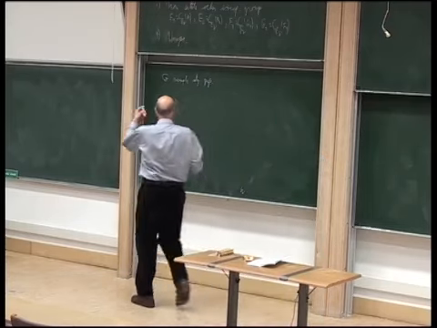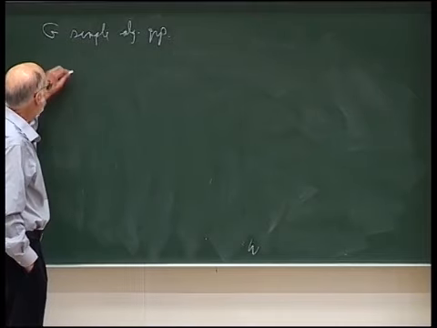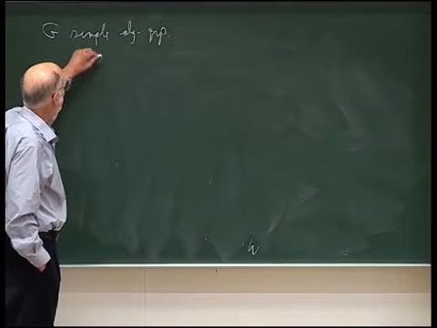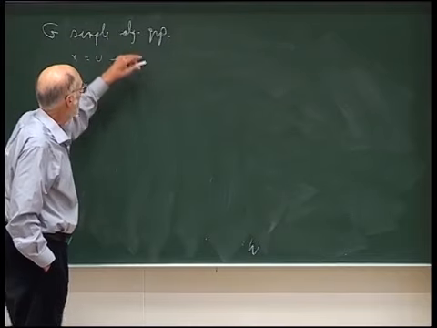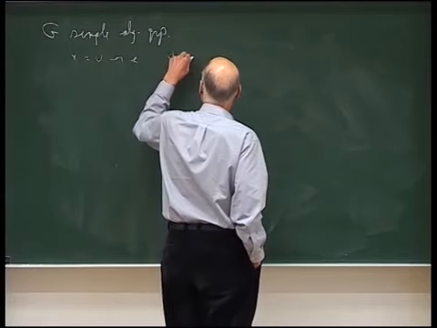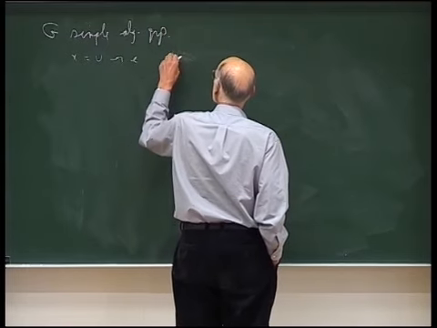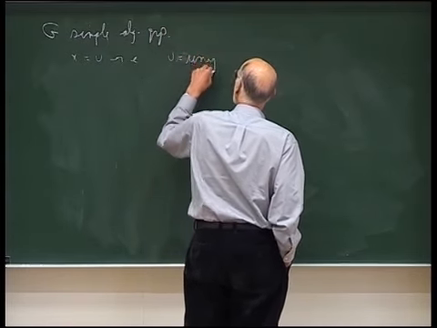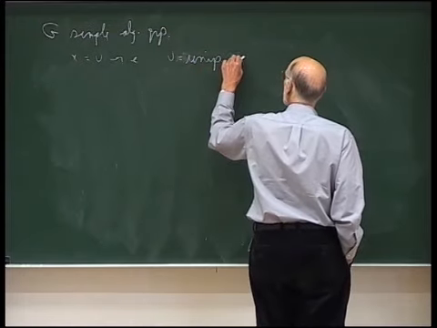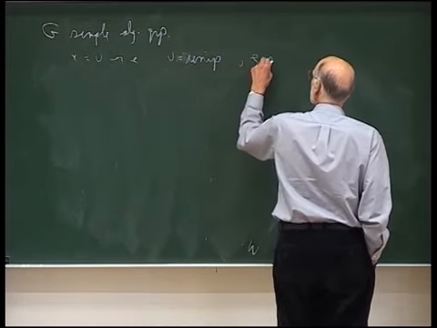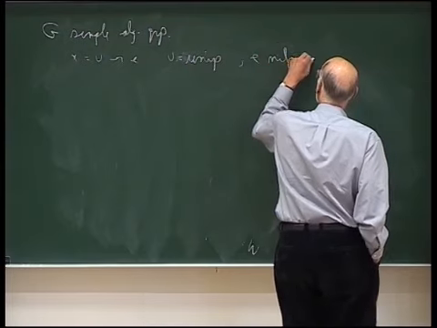I said some of this yesterday, so I'll repeat it here. We'll take X to be either u or e. So u is unipotent in G, and e is nilpotent in the Lie algebra.